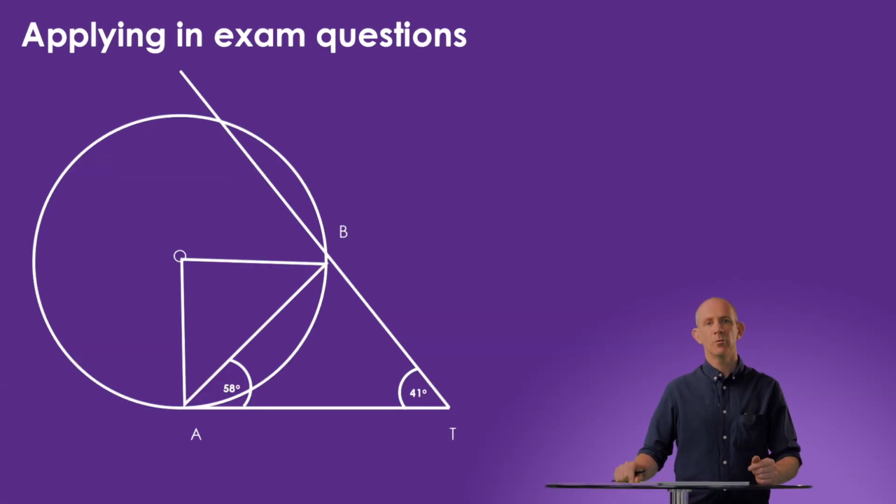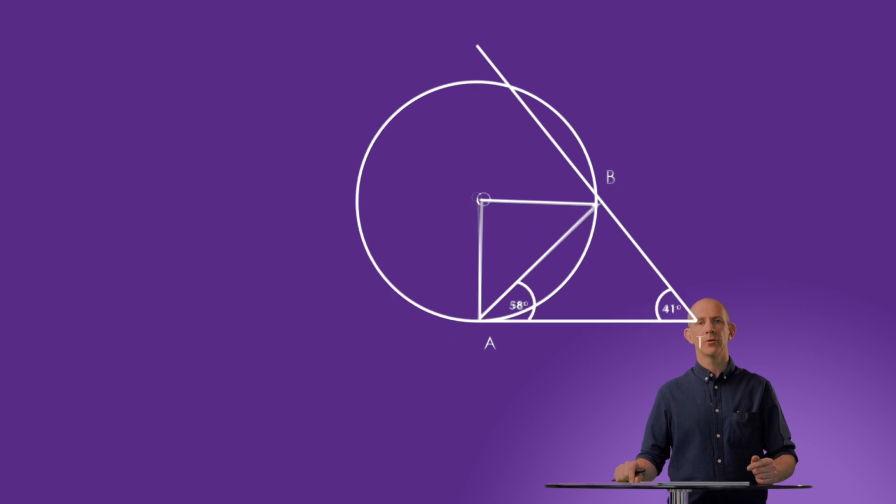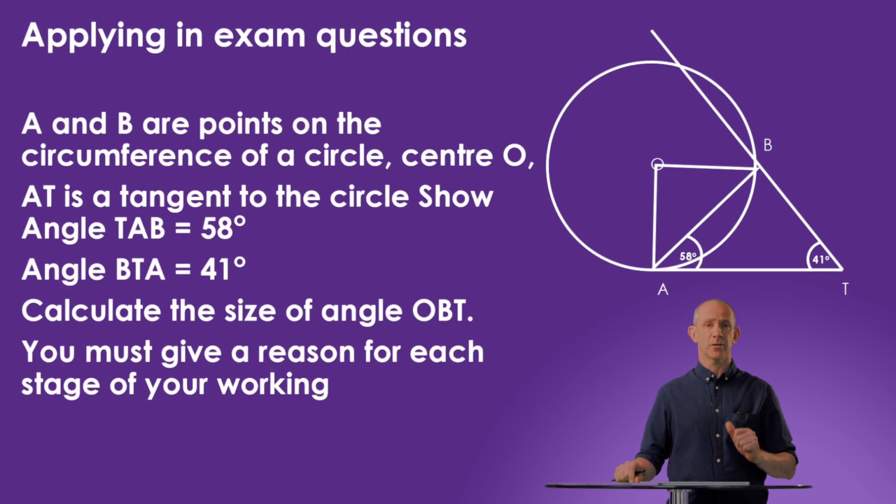In this question, we're told that A and B are points on the circumference of a circle, centre O. AT is a tangent to the circle. Angle TAB is 58 degrees and angle BTA is 41 degrees. We're asked to calculate the size of angle OBT, and we're asked to give a reason for each stage of our working.